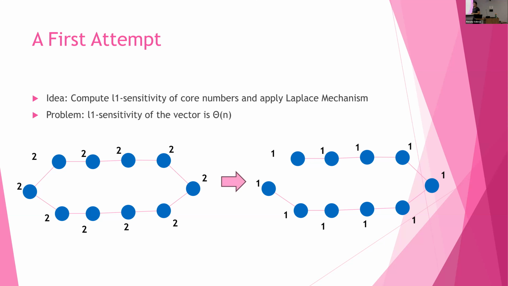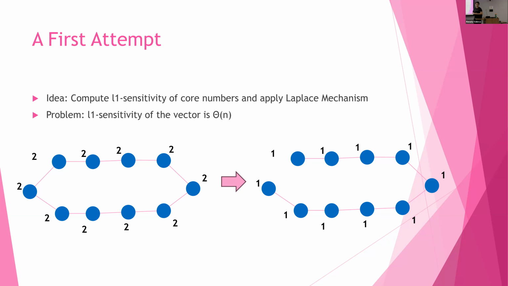Excuse me, George. You didn't relate the accuracy to the amount of noise. Can you just say, in this case, the noise you have to add, the mean for the Laplace distribution should be n over epsilon, right? Yes. Can you say what it implies for the accuracy?